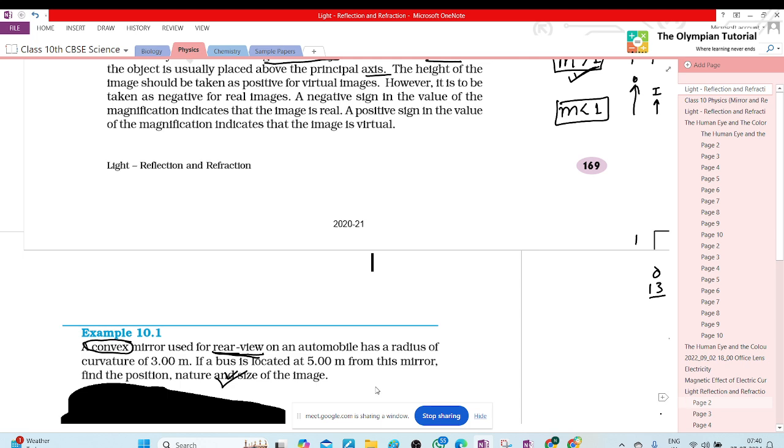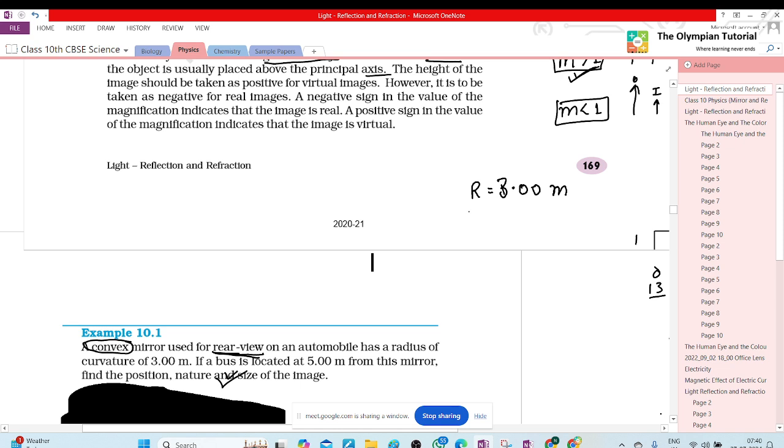U will be minus 5 meters because it's on the left side, and the radius of curvature is 3 meters.